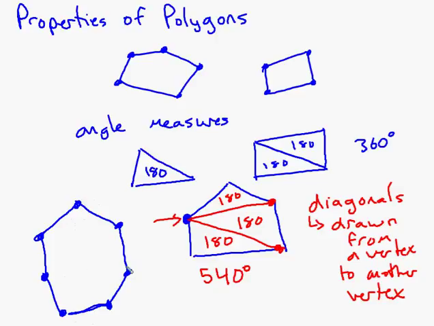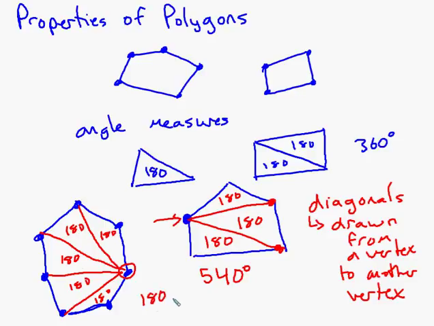Okay, so I'm going to choose one of these vertices. It doesn't matter which one. Maybe I choose this one. And I draw all the diagonals. So I have 180 in this triangle, 180 here, 180 here, 180 here, and 180 here. So 180 times how many? 5.